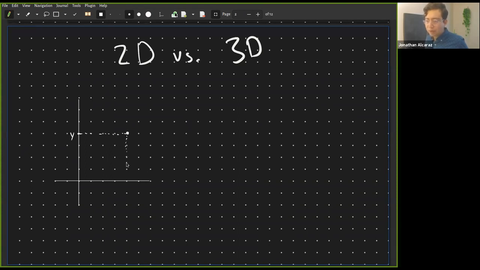So we have a certain y coordinate, and then we have a certain x coordinate. And this point is given by just these 2 numbers. The fact that there are 2 numbers here is why we call this 2-dimensional space.